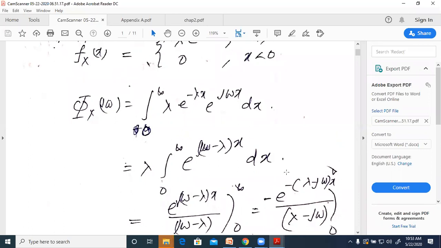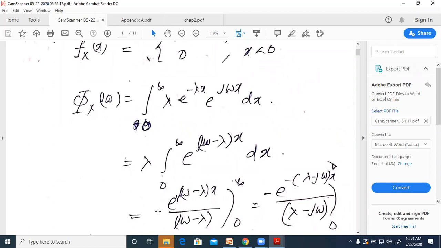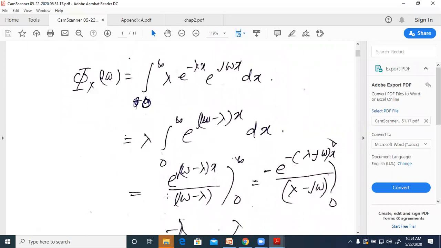So we integrate with respect to x, taking out the constant lambda. So we get lambda times e to the power of j omega minus lambda x divided by j omega minus lambda, from 0 to infinity. Lambda was missing earlier, so you need to write that.